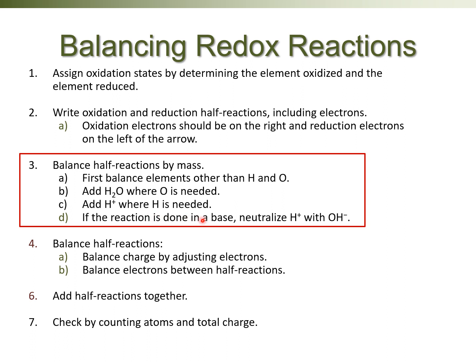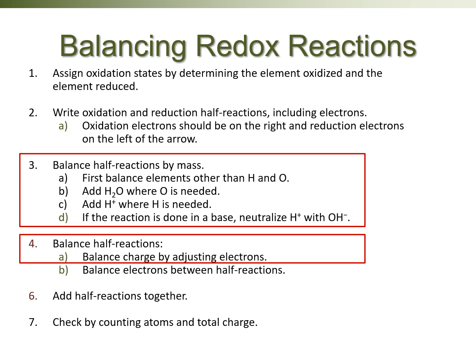We're not going to worry about this. I'm going to point out something regarding this base reaction in just a minute when we get to that point, but not just yet. And then after we've balanced everything with hydrogen ions and water, then we have to introduce these electrons. So let's take a look and see what's happening there.